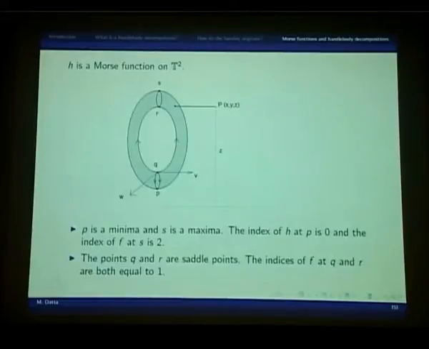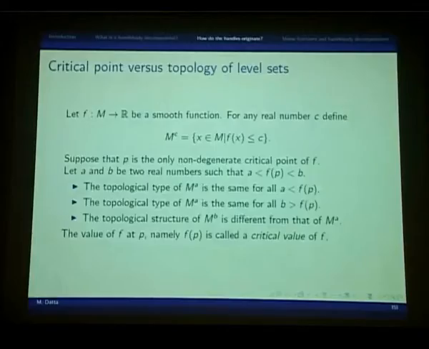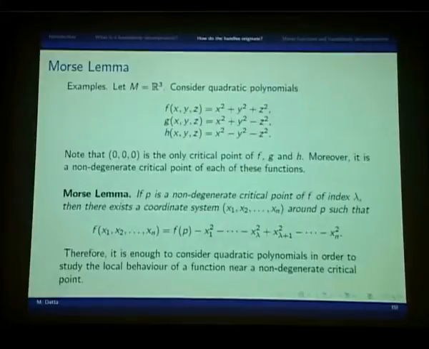Why? Let us go back to this expression here. Look at the Morse lemma. It says locally the function will look like this. So if P is a minima, then there cannot be any negative squares. Every term has to be positive because the point P is a minimum. Whichever direction you move, the function has to increase.